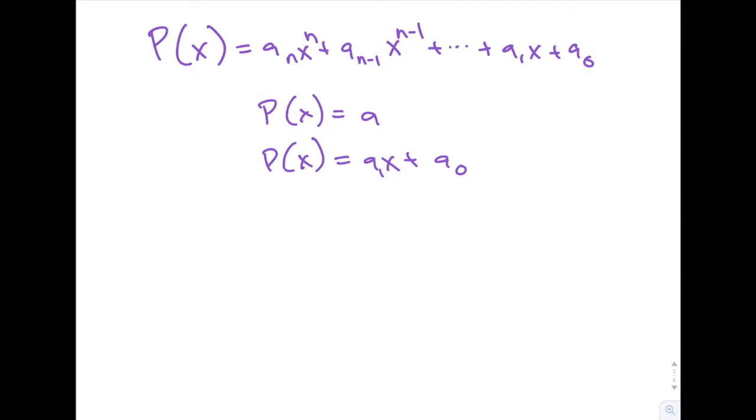So now we're going to extend our discussion to polynomials that look like this: ax squared plus bx plus c. Of course, if a equals 0, then we don't have a polynomial of degree 2, so we specify that a will not equal 0.